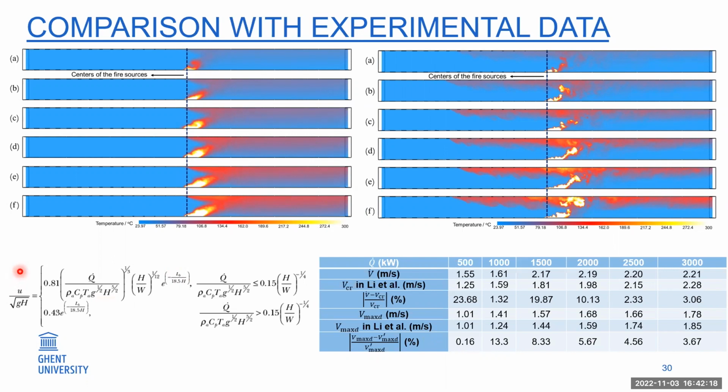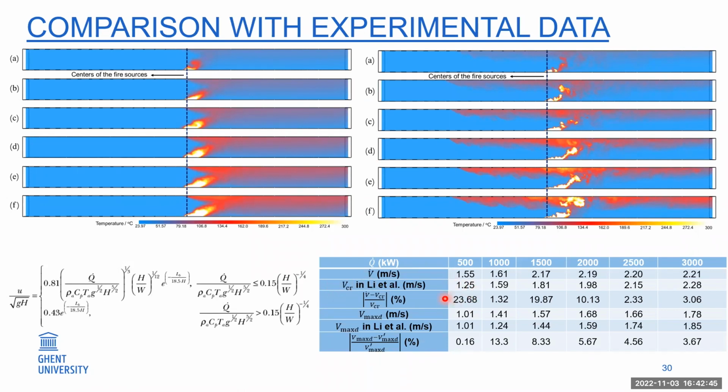And in our design, the ventilation velocity during the quasi steady state, we can also average. Then we compare the critical velocity obtained by our method and the critical velocity obtained in the Li et al.'s experiment data.